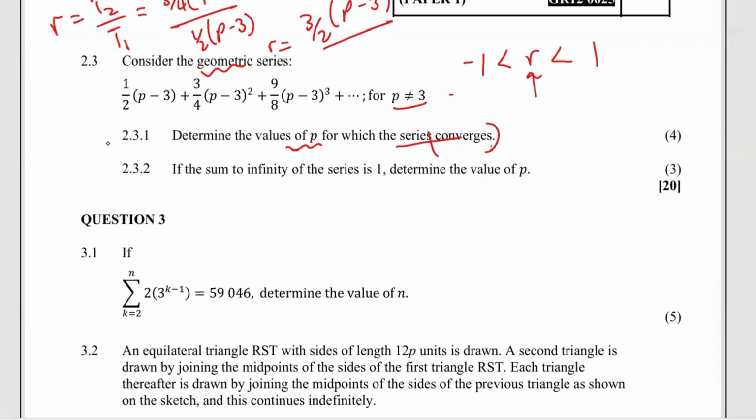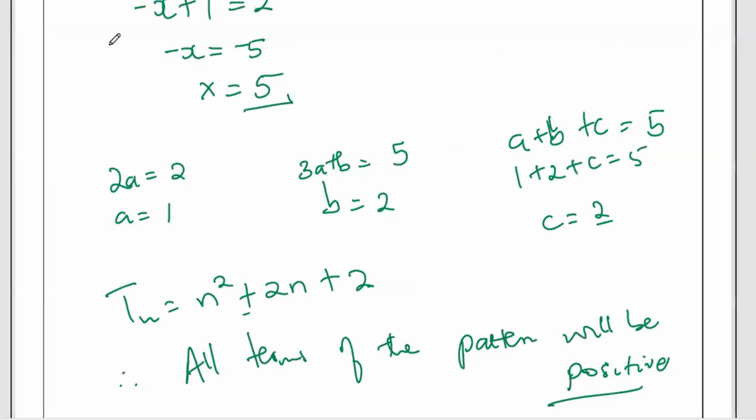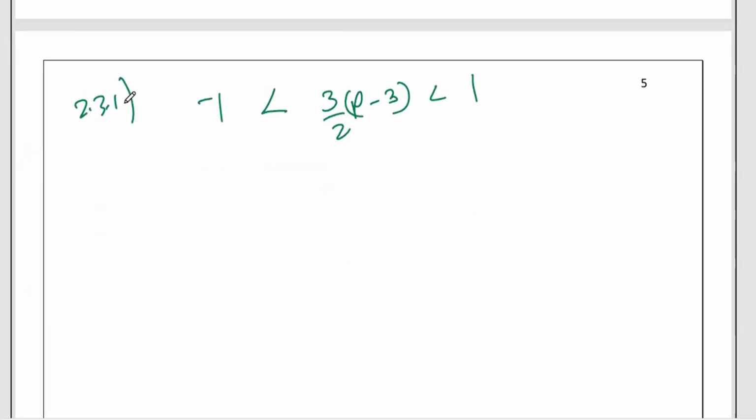So let me substitute that into my condition. This is 2.3.1. -1 is less than 3 over 2, p minus 3 is less than 1. So let's divide through by 3 over 2, meaning that we're going to have -2 over 3 is less than p minus 3 is less than 2 over 3. Alternatively, multiply through by 2, then divide through by 3.